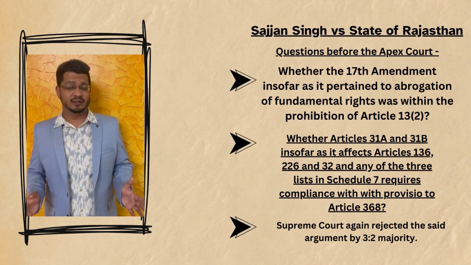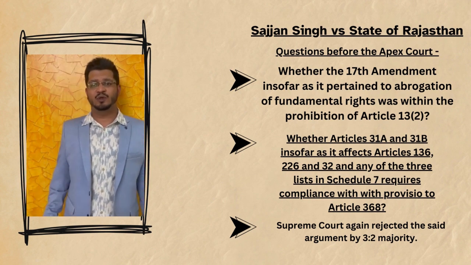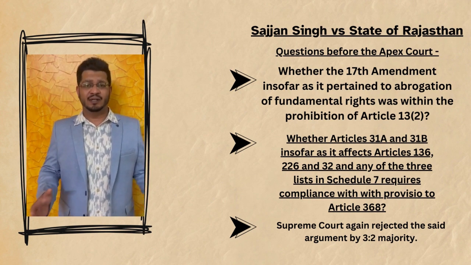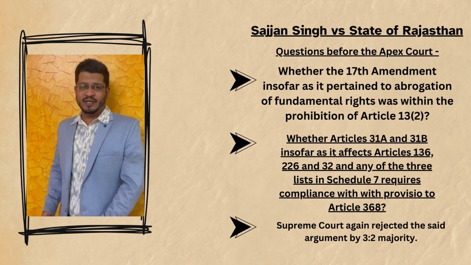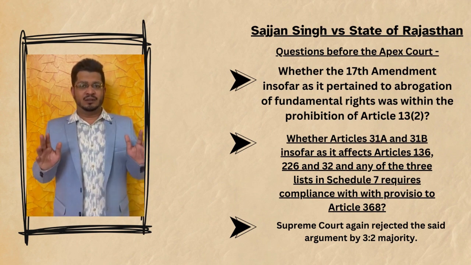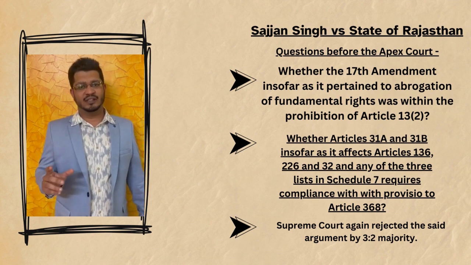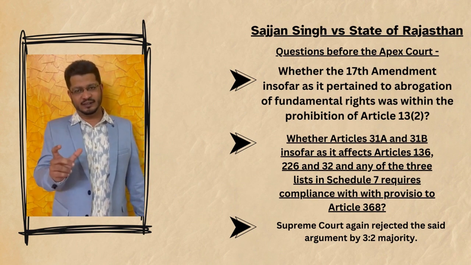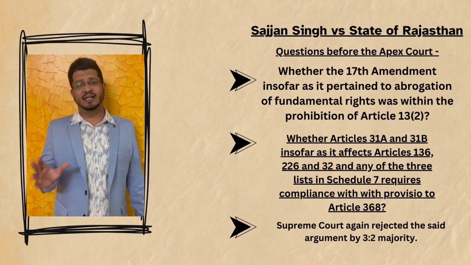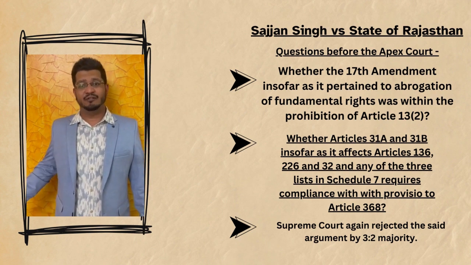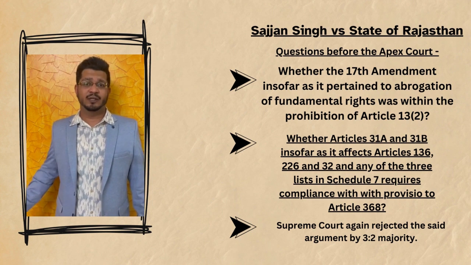And the next question was whether, while enacting Articles 31A and 31B, the Parliament was required to follow the procedure as laid down in the proviso to Article 368. In the next slide, we shall find out about the decision of the Supreme Court.